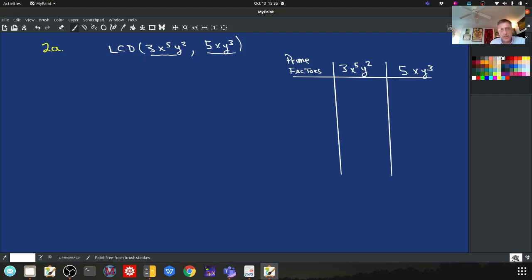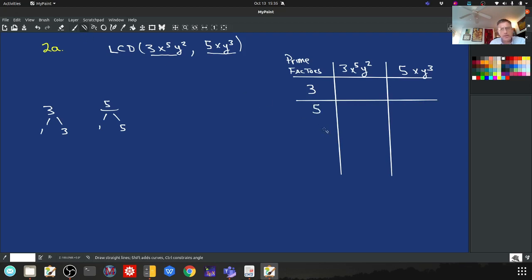Now the first thing we do is look at the coefficients. For the coefficients, we do a factor tree. Well, 3 is prime. So I don't have to do anything else. The coefficient 5 in my factor tree, well, that's 1 and 5 because 5 is prime. So I just put 3 and then 5.